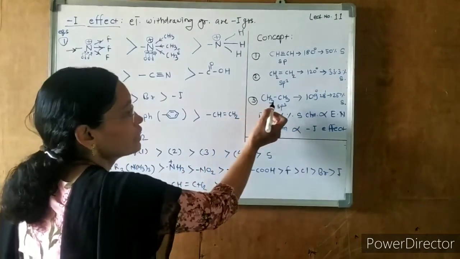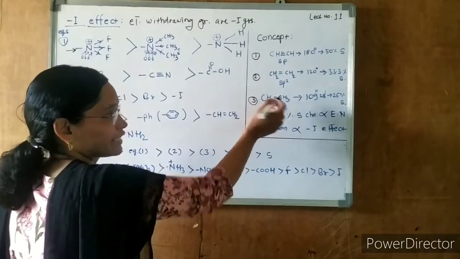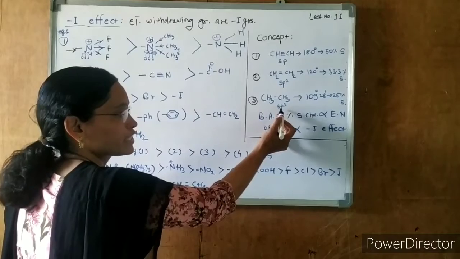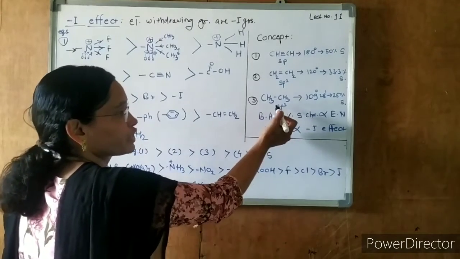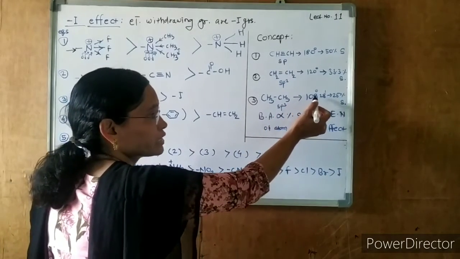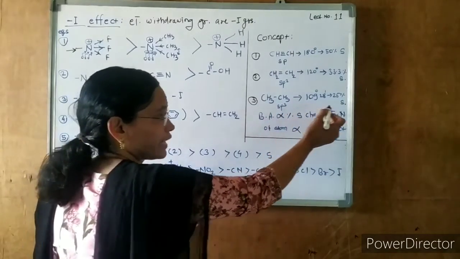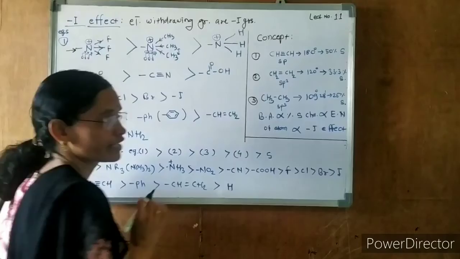In the third case, CH3 is an example of ethane, the hybridization is sp3, the bond angle is 109 degrees 28 minutes, and the S character is 25%.